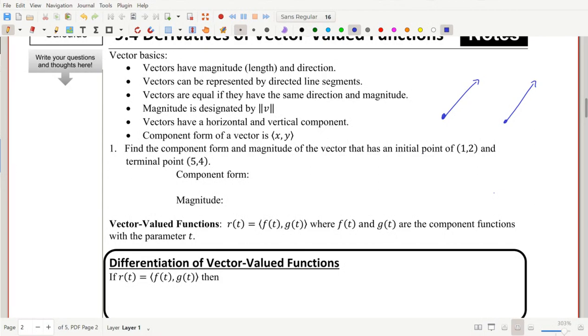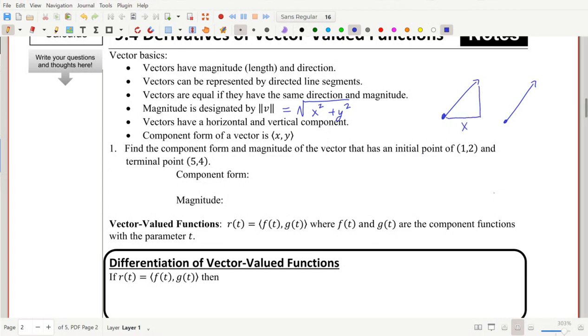So it really just ends up being either the distance formula or the Pythagorean theorem. That's part of the reason why we really like to keep our vectors oriented at the origin. Magnitude can be found by basically just taking the square root of x squared plus y squared. If you're starting at the origin, you don't need the x minus x1s or the y minus y1s. And really that just comes from the Pythagorean theorem.